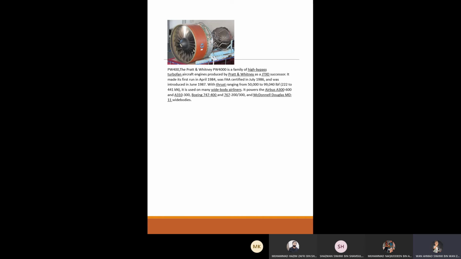It is used on many wide-body airliners. It powers the Airbus A300-600 and A310-300, Boeing 747-400 and 767-200/300, and McDonnell Douglas MD-11 wide bodies.